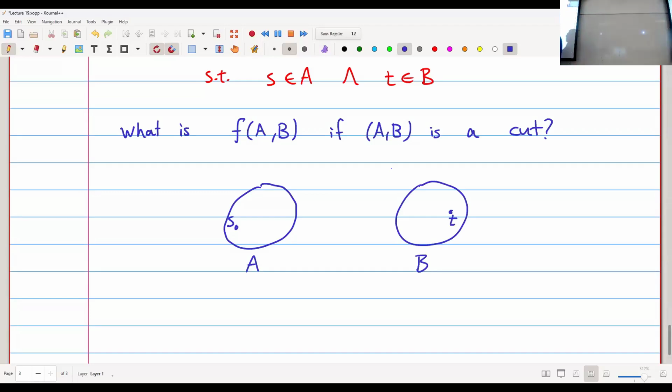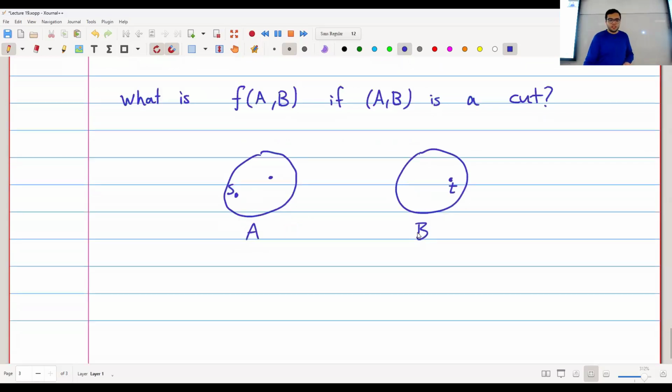I'm asking how much water is leaving A and going to B. Now, I know that for any node other than the source and the sink, the amount of water that is coming in is the same as the water that is going out, right? So the amount of water that is going from A to B is just the amount of water that is coming out of S and going into T, right? So f(A,B), the flow from A to B, should again be the amount of my flow.